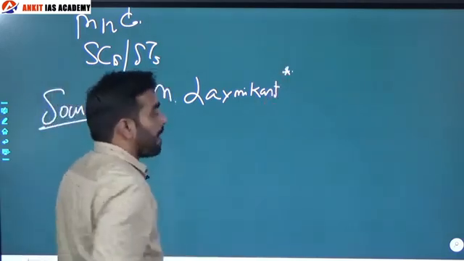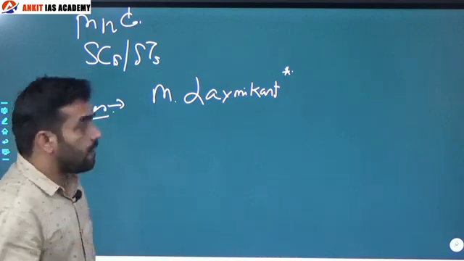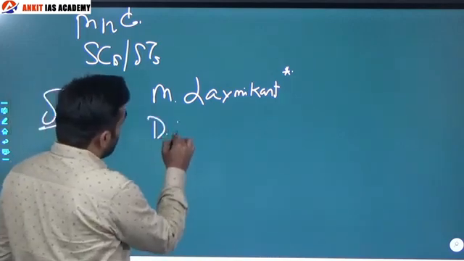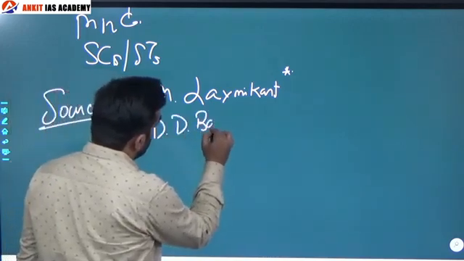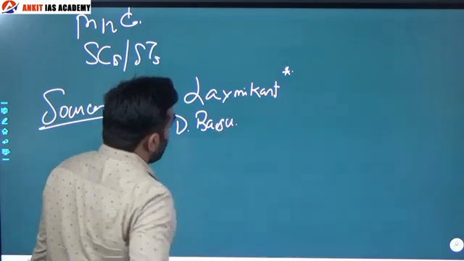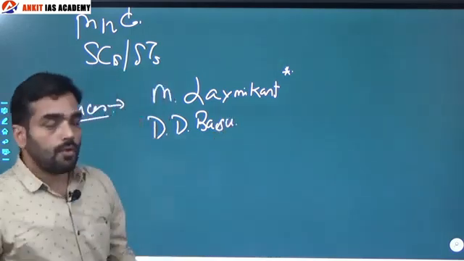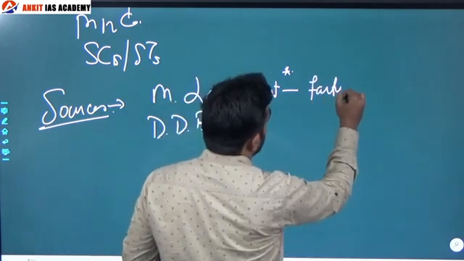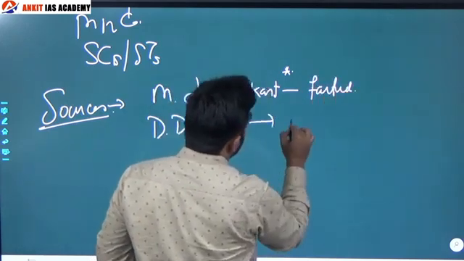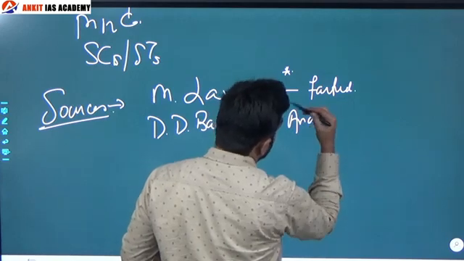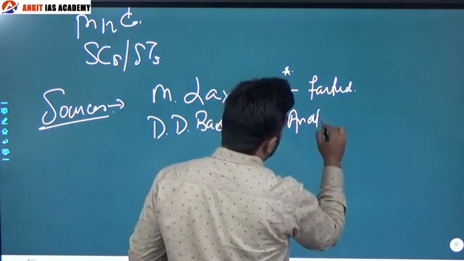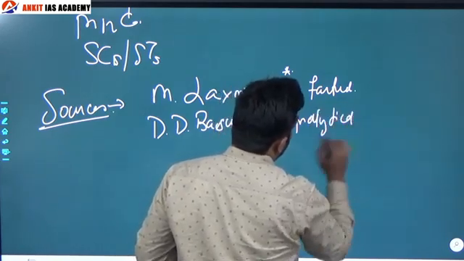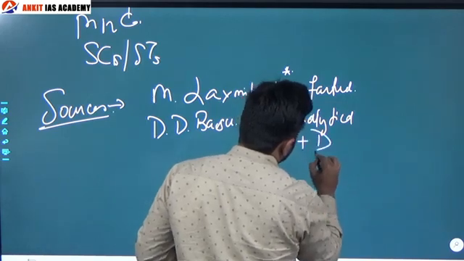Lakshmikant. Then if you want to dig deeper, there is D.D. Basu. M. Lakshmikant is basically factual. D.D. Basu is analytical. In addition to factual, it's also analytical plus detailed.